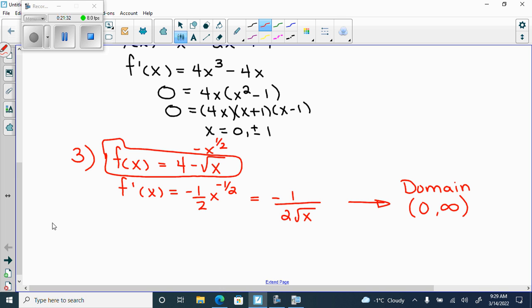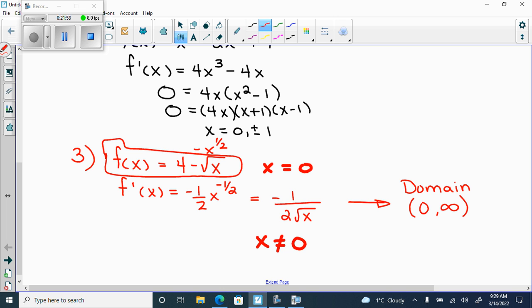But on my original, my critical number would be x equals 0. Your non-permissible values of the first derivative are still critical numbers of your original, so don't let them throw you off, because it was still fine to have 0.